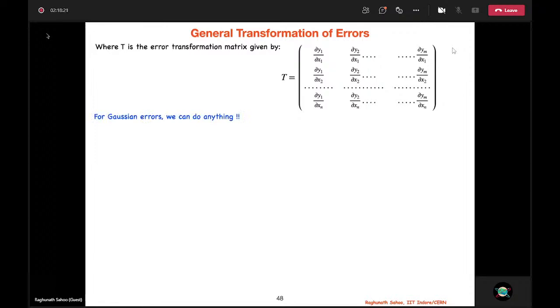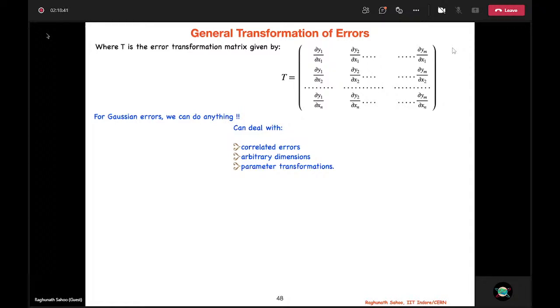So that means for Gaussian errors we can do anything now, right? Basis transformation from one coordinate system to another, n-dimension, all correlated, everything we can do. We can deal with correlated errors, arbitrary dimensions, and parameter transformations.